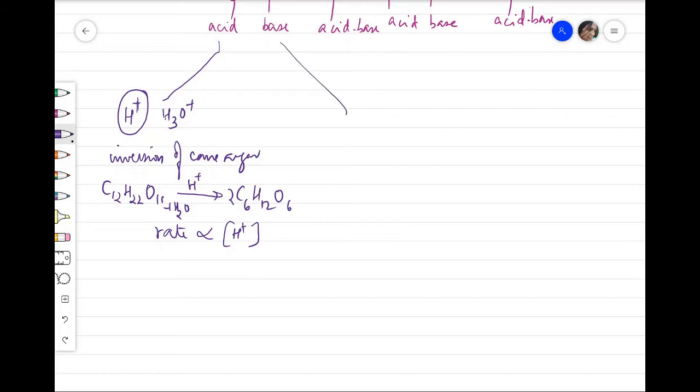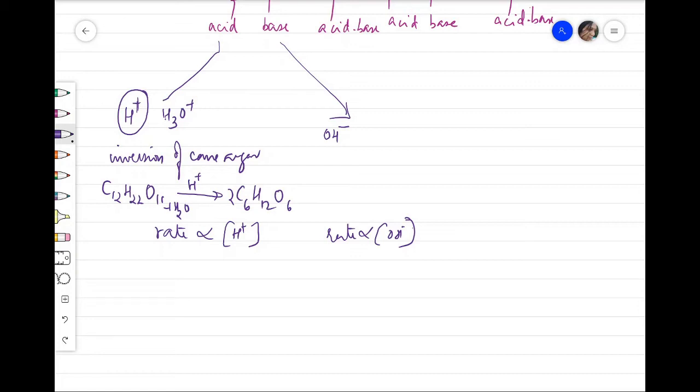Next, let me go to the specific base, or what we call hydroxide ion catalysis. Here the effective catalyst is OH negative, and the rate will be proportional to the OH negative hydroxide ion concentration. A typical reaction is the conversion of acetone to diacetone.